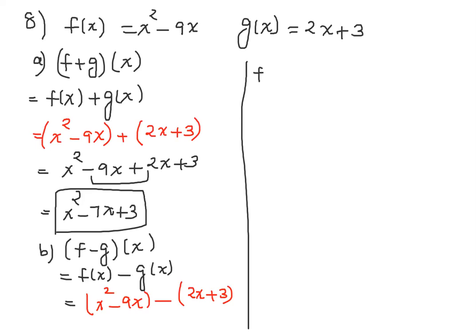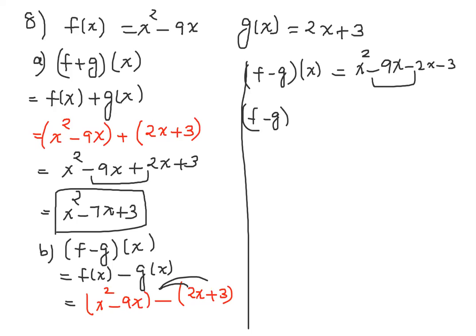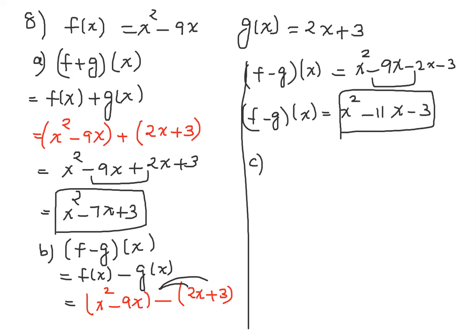So I'm going to write the first step equal to x squared minus 9x, and next distribute this negative sign, so we switch the signs into the opposite sign. Now combine these two like terms, so we get f minus g of x equal to x squared minus 11x minus 2. So this is the answer for part B.